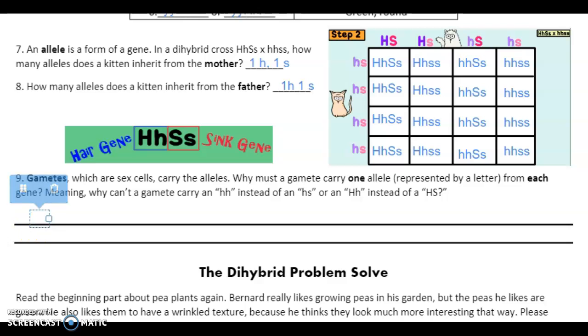And that is because each cell needs to have a pair of alleles for each trait.